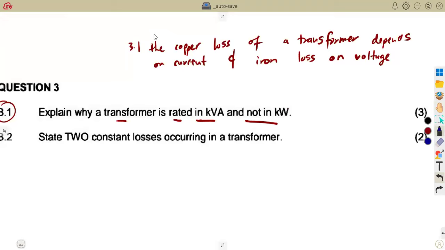whenever you're working with the total transformer loss, it depends on the volt ampere and not the phase angle between the voltage and current.